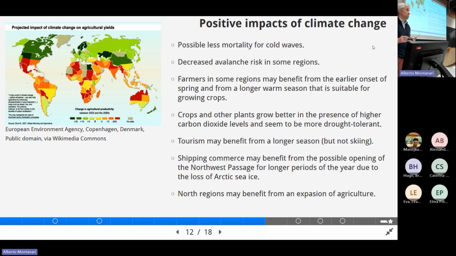In general, we believe that the benefits in economic terms and in social terms are negligible with respect to the negative impacts. This is true if you look at the global picture, but if you look to a particular country which is benefited, of course, in the local picture of that particular country, the benefit is larger than the negative impact.